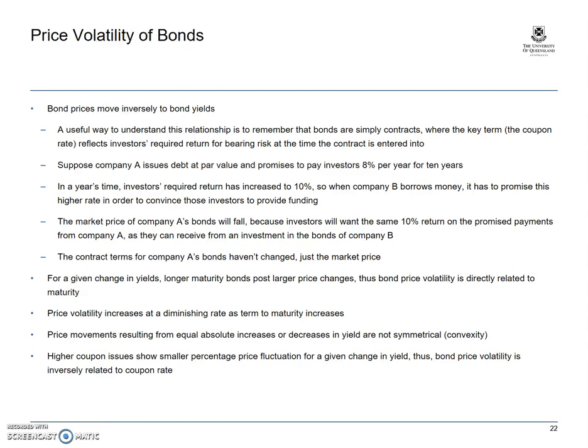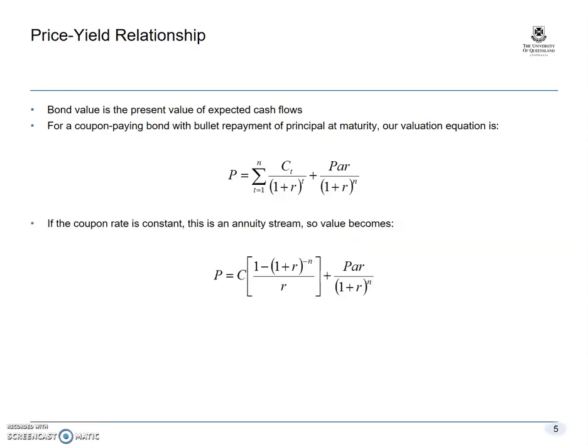Higher coupon issues show smaller percentage fluctuations for any given change in yield. Thus, the bond price volatility is inversely related to the coupon rate. And again, you can see that in the formula. So if more of the value is in the first expression, the sum of the coupons, then those coupon payments are received earlier than the par value.